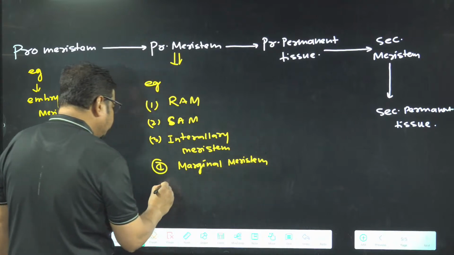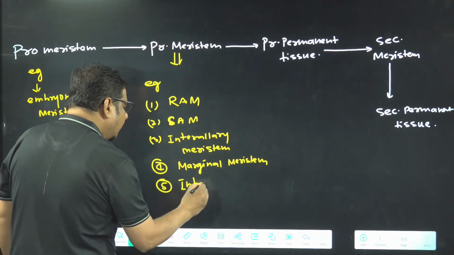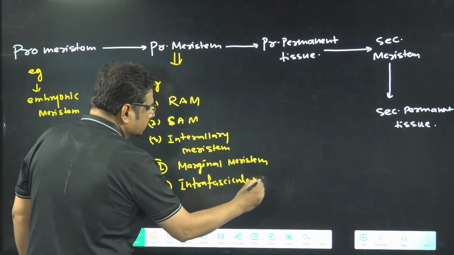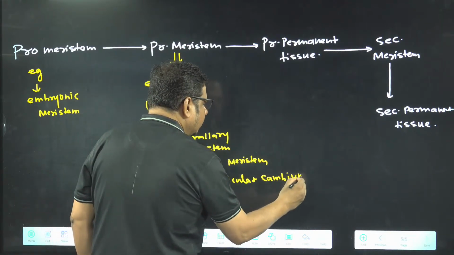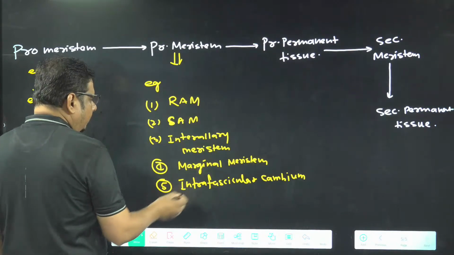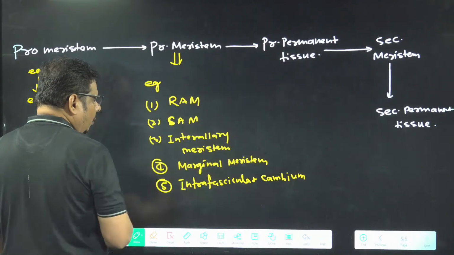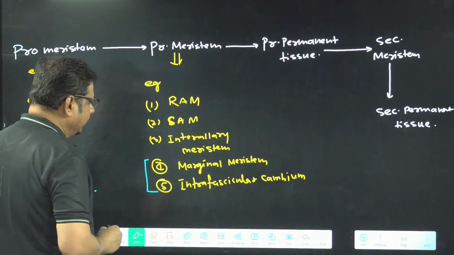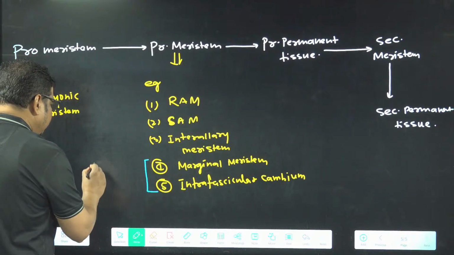And fifth example of the primary meristem is intrafascicular cambium. So if you talk about these two especially, getting the things or not, these two especially are which kind of meristem? Lateral meristem.